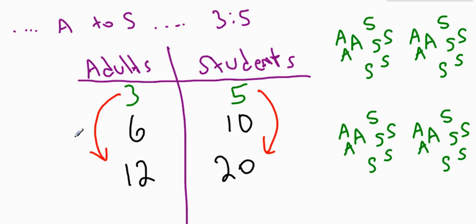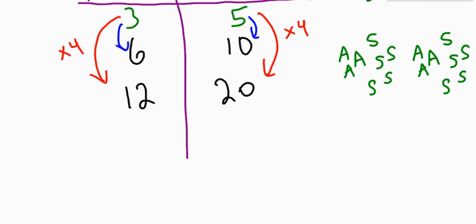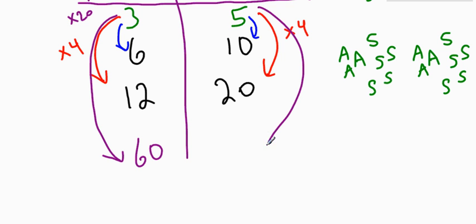Here I multiplied by 4, 3 times 4 is 12, and 5 times 4 is 20. Earlier, I multiplied by 2. You can pick any number you want and multiply a ratio by it and get a possible answer. For example, if I multiplied by 20, there'd be 60 adults and 100 students.